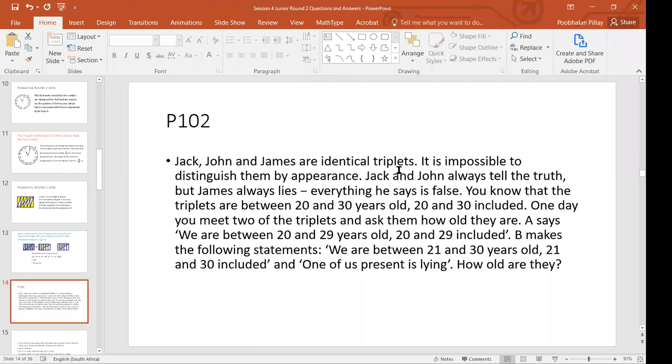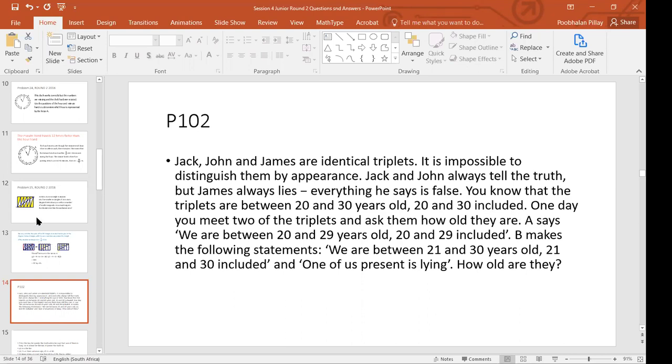You've got three people, they are triplets. And you've read the story, so I can just say, you meet two of them. You don't know who they are. But you know that two of them always speak the truth and one always speaks lies. Right. Okay, now, one day you meet two of the triplets and you ask them how old they are.